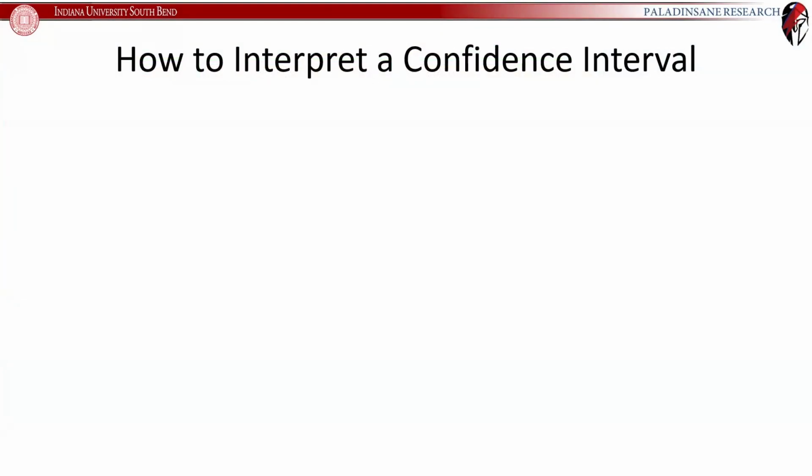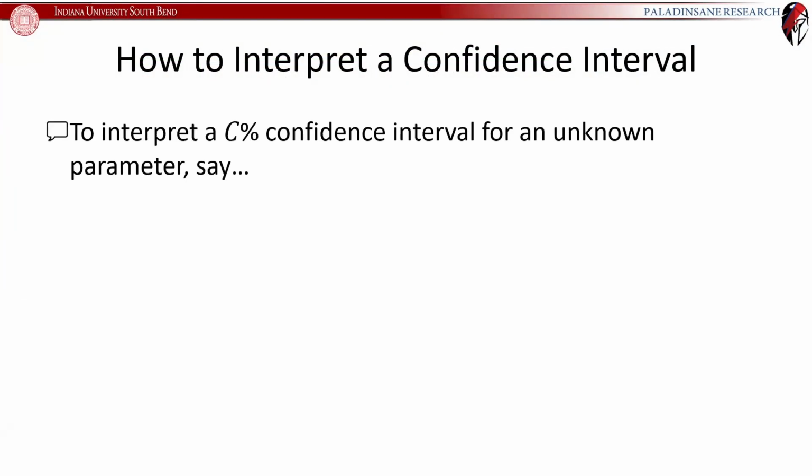So how do we interpret a confidence interval? Well, to interpret a confidence interval for an unknown parameter, and again, these are unknown parameters that we're trying to estimate. If we knew what the parameter was, we could just be exact. So if Alex could somehow see into the future and realize that the project was going to take 21.7 weeks, he could come back to Dr. Rivera and say, I'm the greatest project manager in the history of project managing.